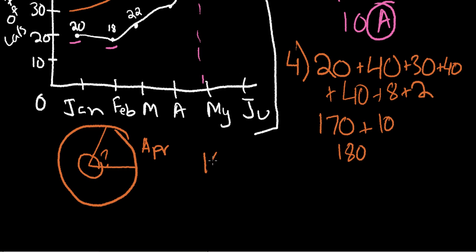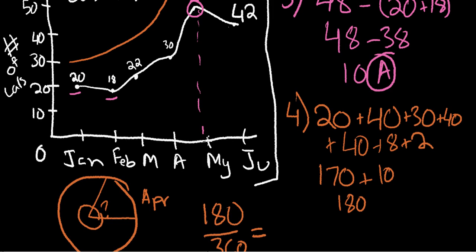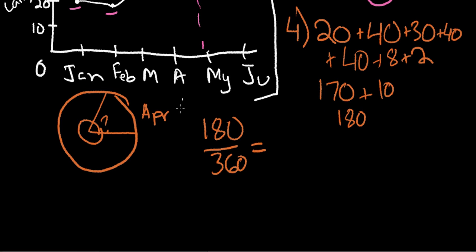So 180 is to 360 as April, which is 30, is to x, because we don't know the measure of the angle.